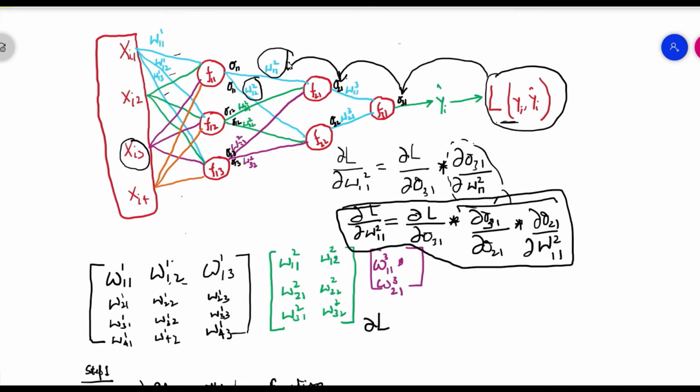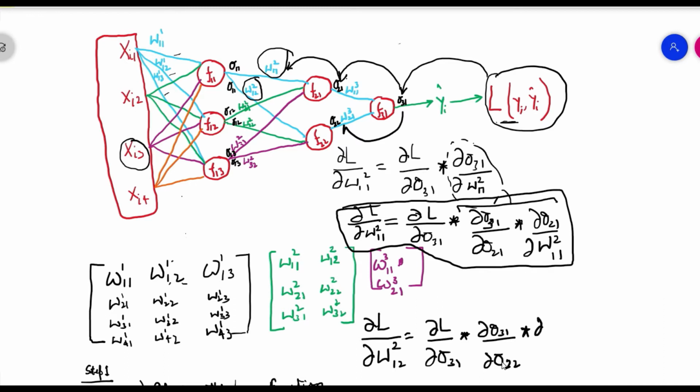Using the same formula and the same chain rules of differentiation, the rate of change of loss with respect to W212 will be equal to the rate of change of loss with respect to output O31 multiplied by the rate of change of output O31 with respect to output O22, and the rate of change of output O22 with respect to our weight W212.